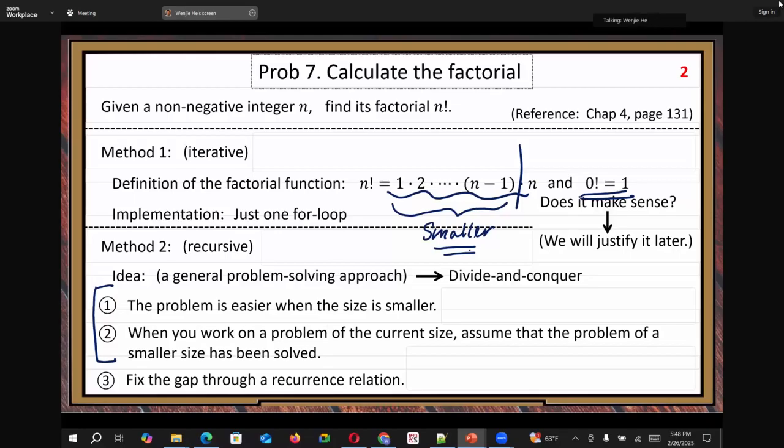Then, if you go back to the original problem, there is a gap between the solution of the smaller problem and the solution of the original problem. So you need to fix that gap. Then you complete that recursive formula. That's the idea.